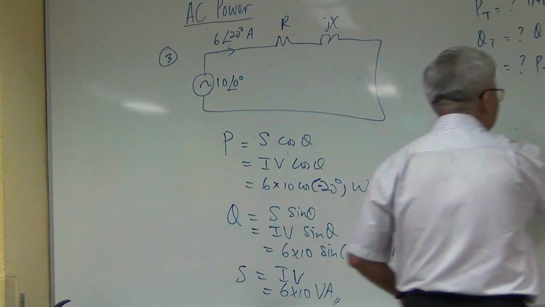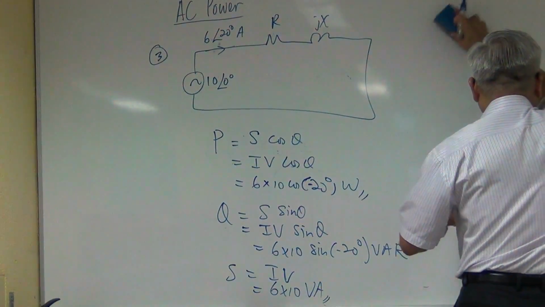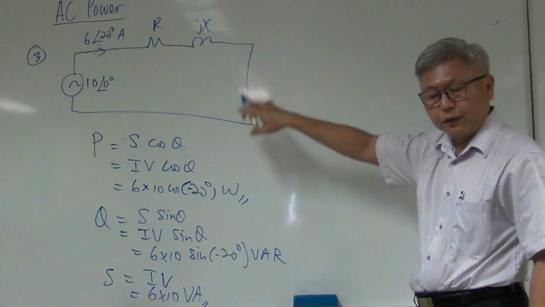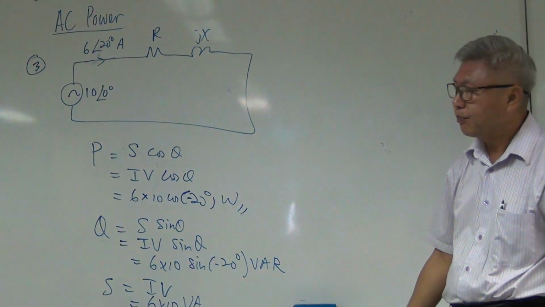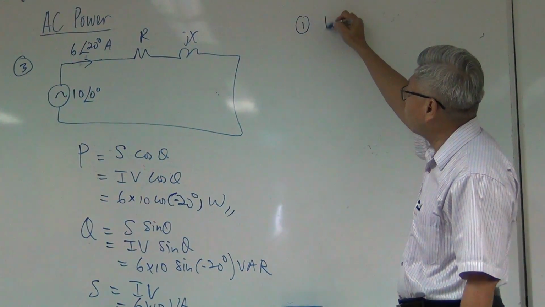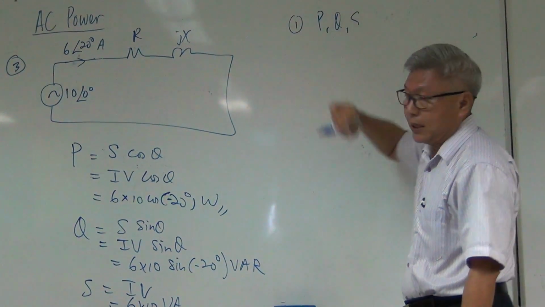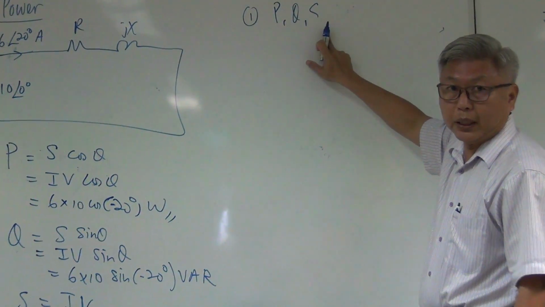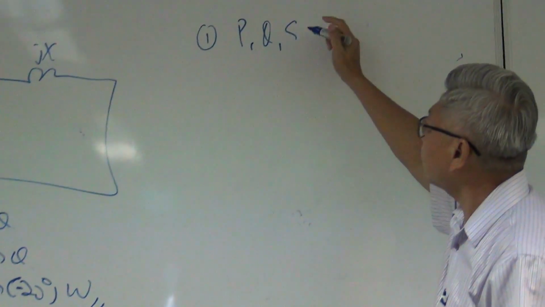Alright, I will pause here for a while and let's go through a simple revision of this before we carry on with the further things about the AC power. We say there are 3 types of AC power: P, Q, and S. True power, reactive power, apparent power, or complex power.